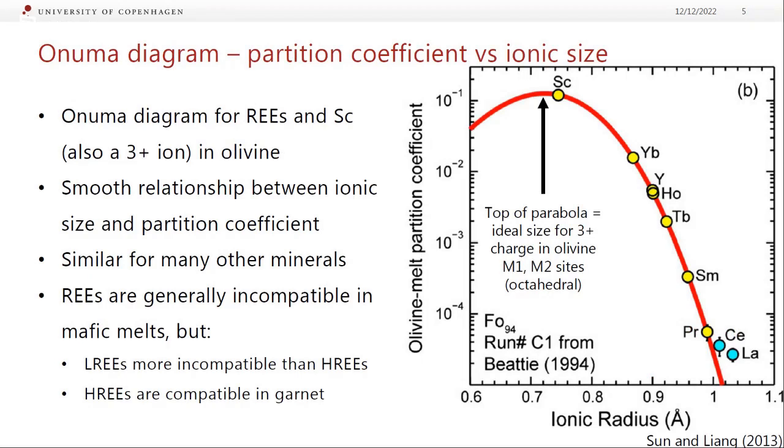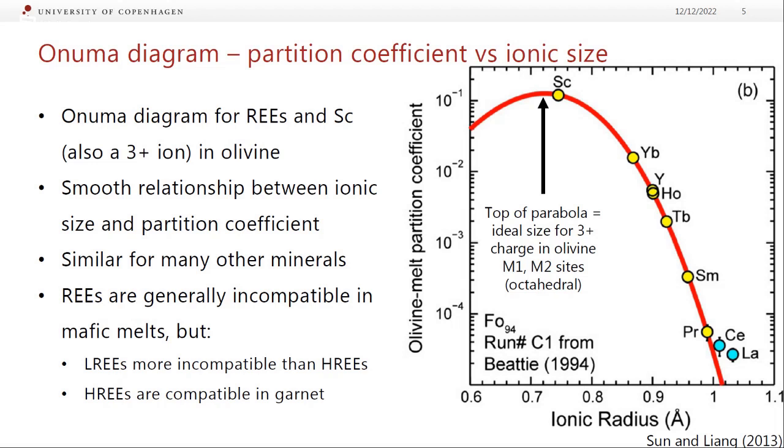So here, because they all have 3+ charges, we can really separate just the effect of the ionic size on the partition coefficient. And this is something called an Onuma diagram, and it's just a plot of the partition coefficient on the y-axis, and this is a log scale, right? So we've got huge changes in partition coefficient against the ionic radius.